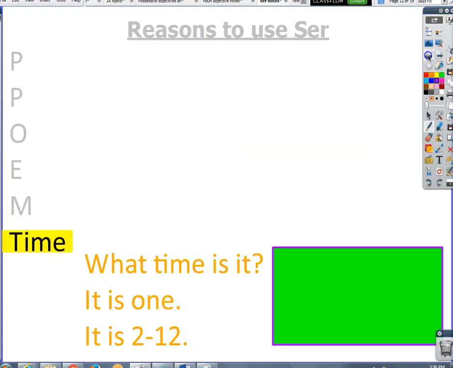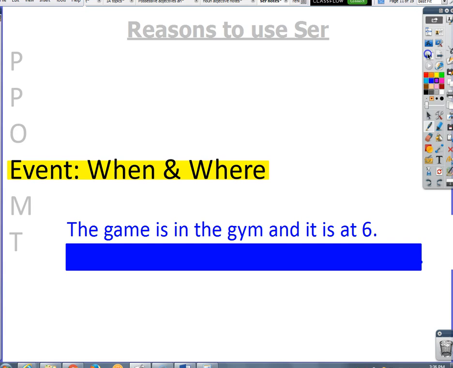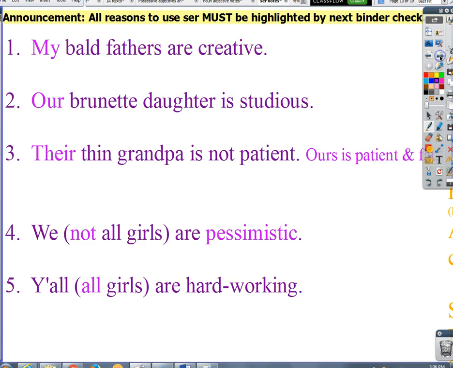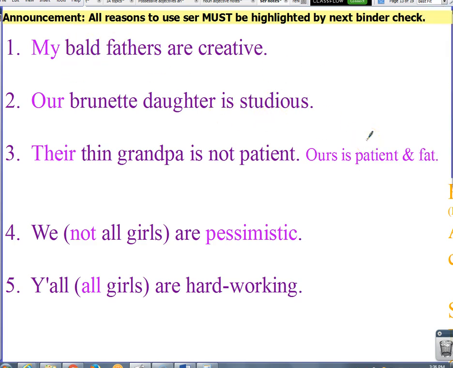Well, actually all of these sentences right here, the desks are made of plastic, the game is in the gym and is at 6, would be sentences you can practice, but here are the most helpful ones. If you are afraid that you're going to peek in your notes, you can press pause right now and try these on your own and then check them with what we have as the answers in your notes.